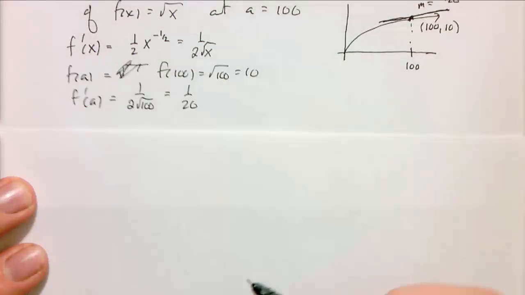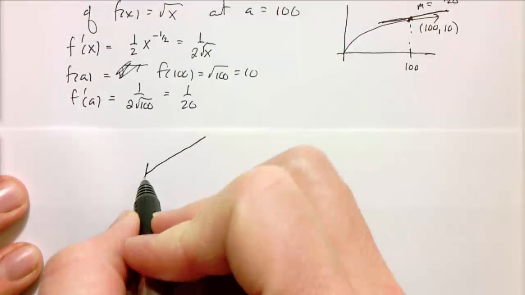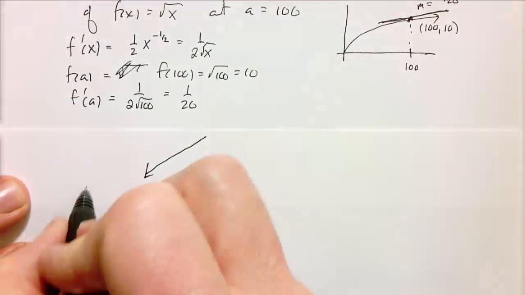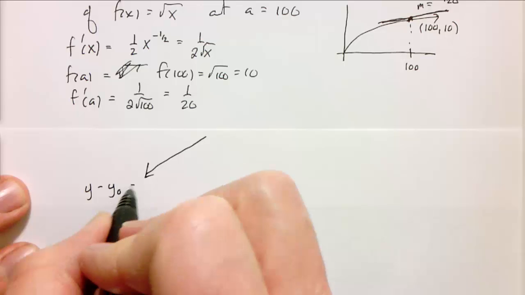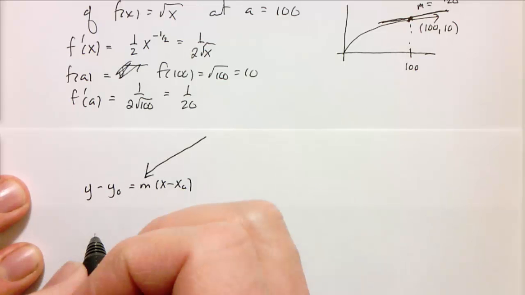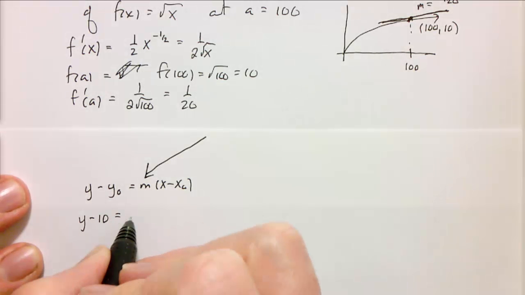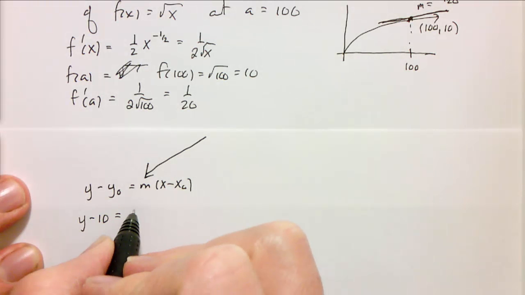Now if I do this the old school way, I just work it out by hand. I'm going to start with slope-intercept form and put in the coordinates of my point. The y value is 10, the x value is 100, and the slope is 1/20th.